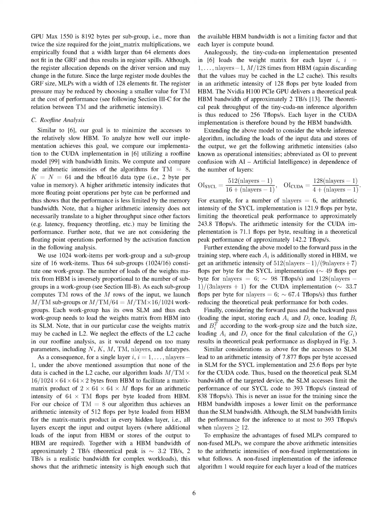Section: Roofline Analysis. In this section, we aim to minimize the number of accesses to the slower HBM memory. To evaluate our implementation's efficiency in achieving this goal, we compare it with the CUDA implementation using a roofline model with bandwidth constraints. We calculate and compare the arithmetic intensities of the algorithms for specific parameters.